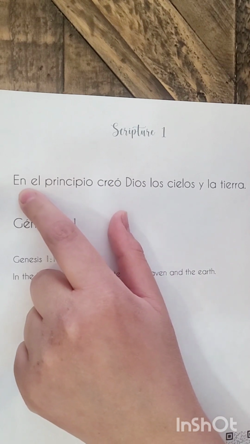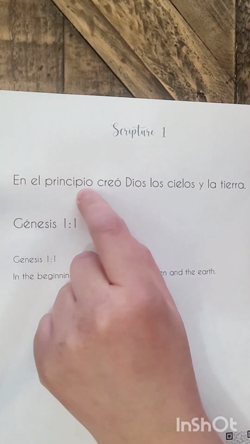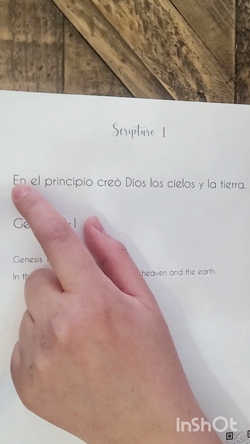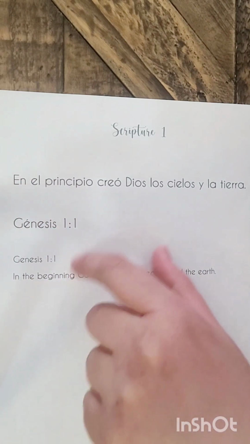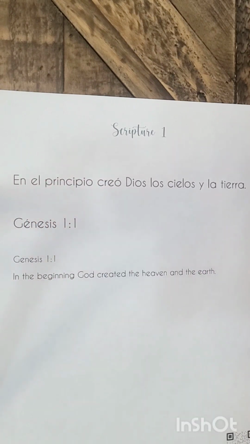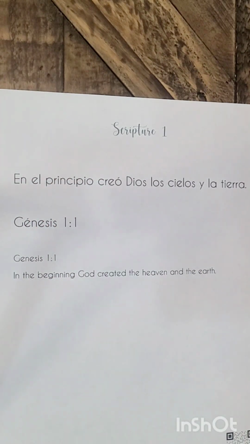Intermediate students can learn word by word. So you could say, en el principio means in the beginning. And then you could learn maybe 3 to 6 words each day. And so you would give a vocabulary lesson.